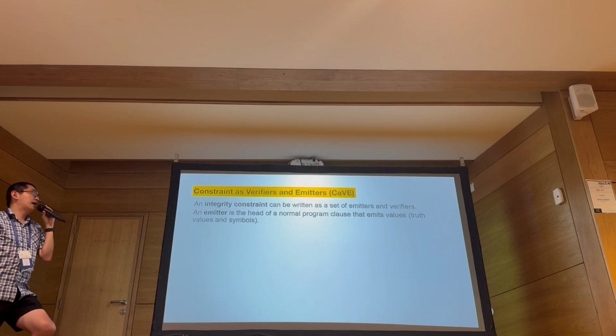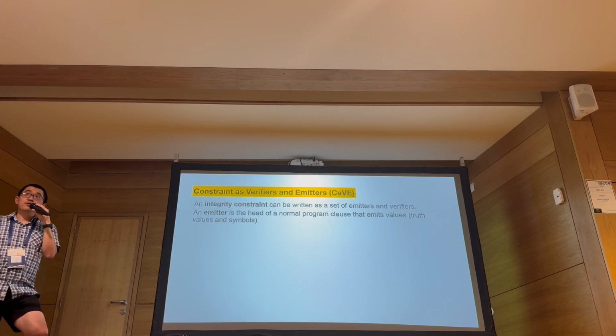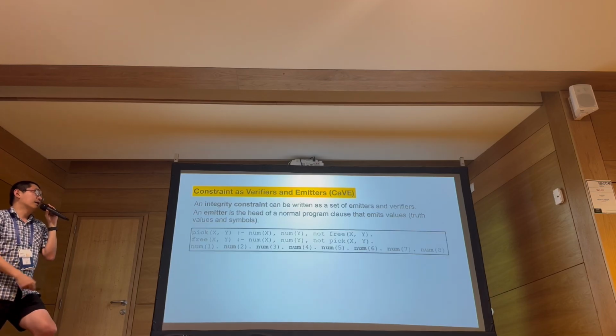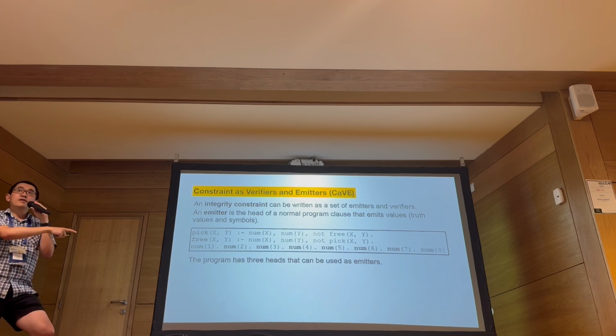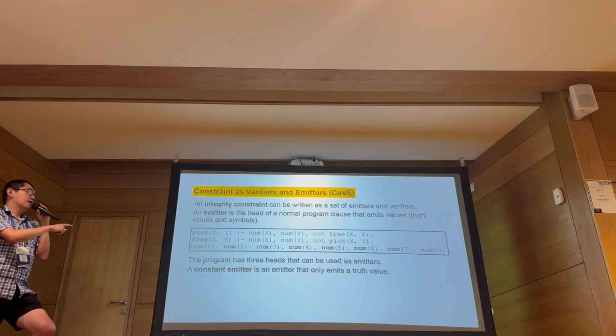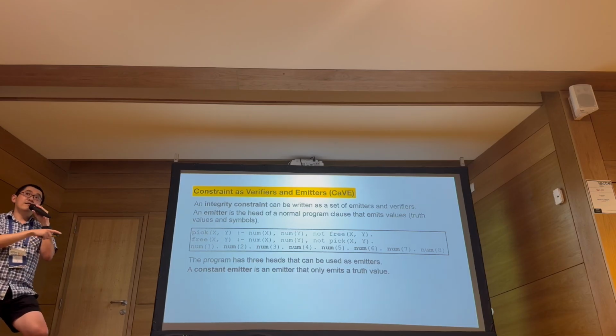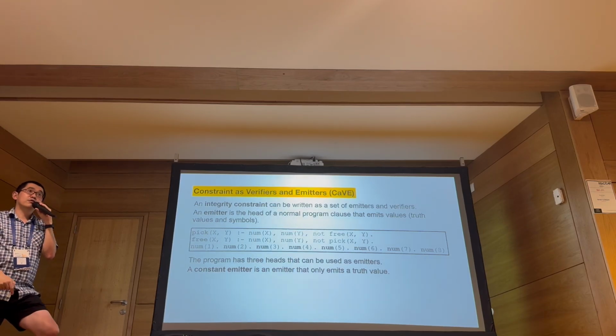An emitter is the head of the normal program clause that emits values. It should be the truth value and the symbols. So in our case, for example, pick, free, and numbers. All these three can be used as emitters. Then the emitters we can further categorize into two parts.